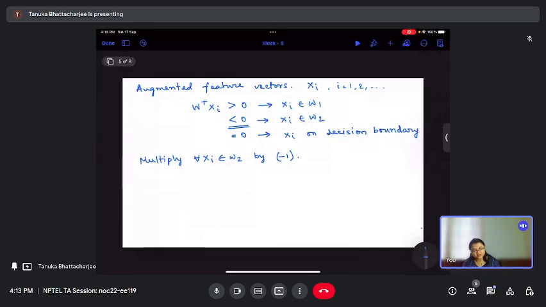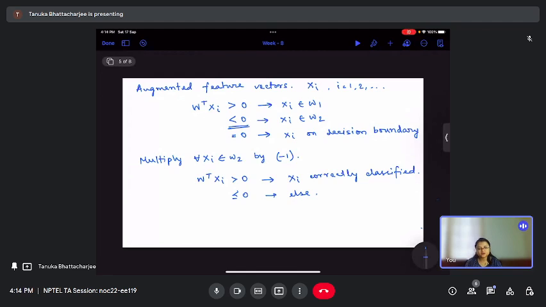If you do that, then w transpose xi will be greater than 0, which means xi is correctly classified, and otherwise you will have less than or equal to 0. So both classes, when correctly classified, will lead to w transpose xi greater than 0.